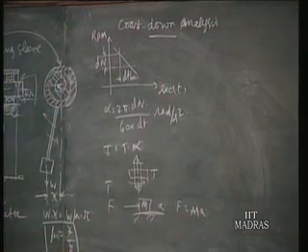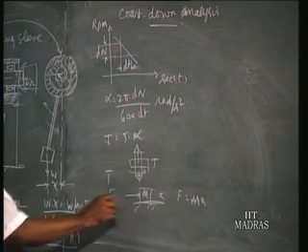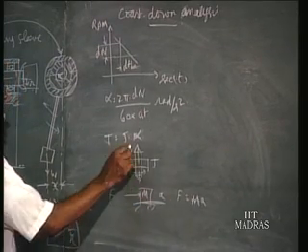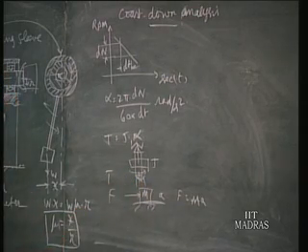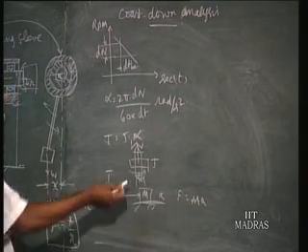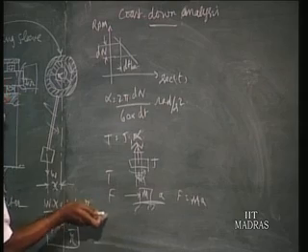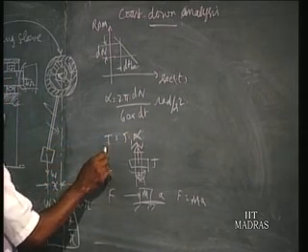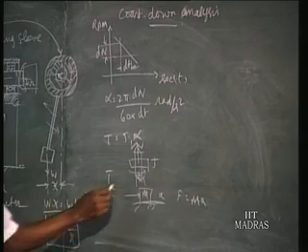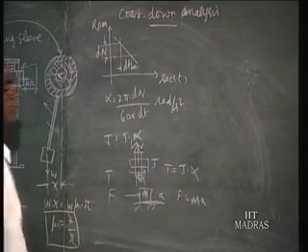When you apply a force on a mass, that mass accelerates through A along the linear direction, whereas when you apply torque on a body like this with a polar moment of inertia J, it accelerates in an angular direction. Force and torque impart acceleration. F gives acceleration along the linear direction. Torque gives acceleration in the rotary direction, with the equation T is equal to J into alpha, J into the angular acceleration alpha.